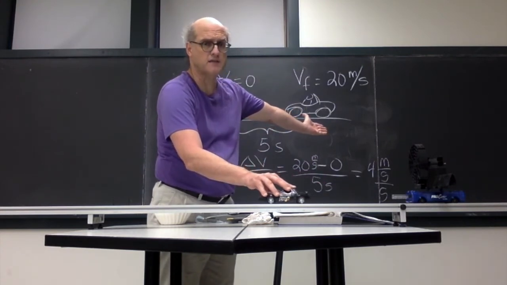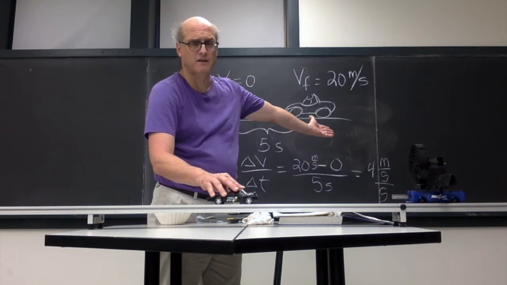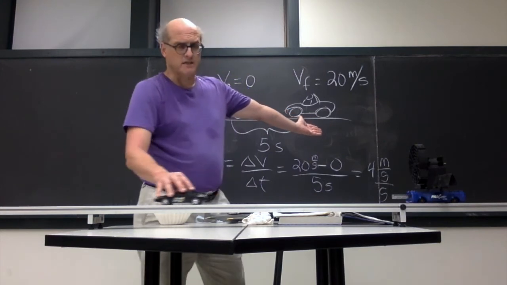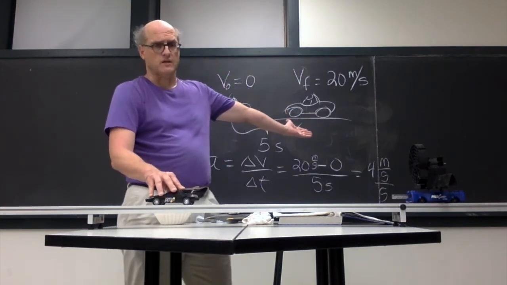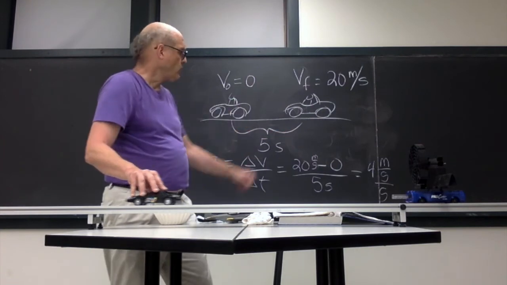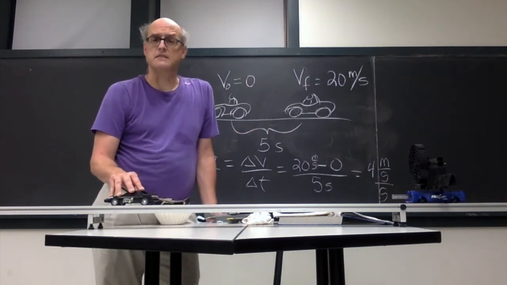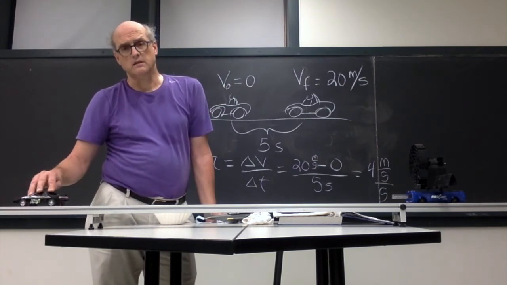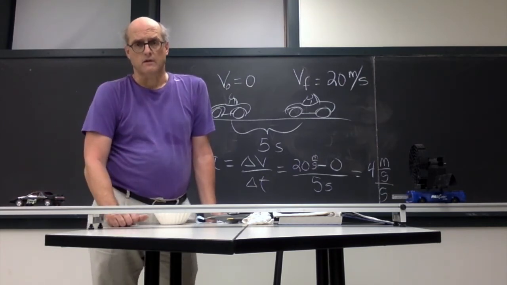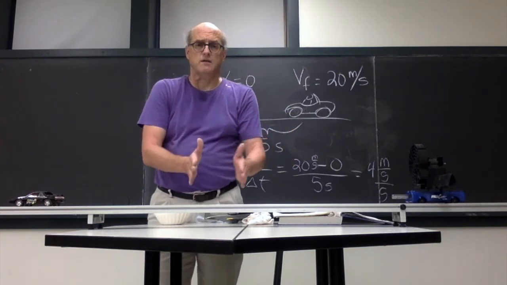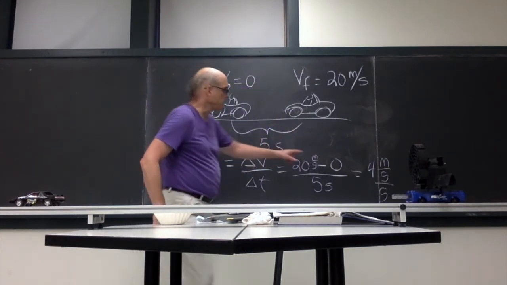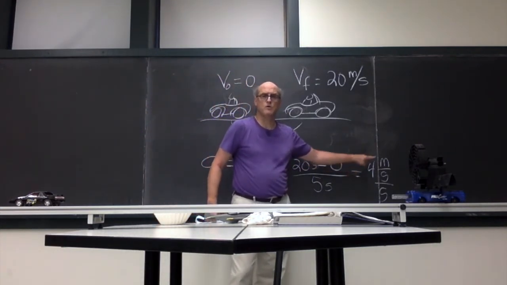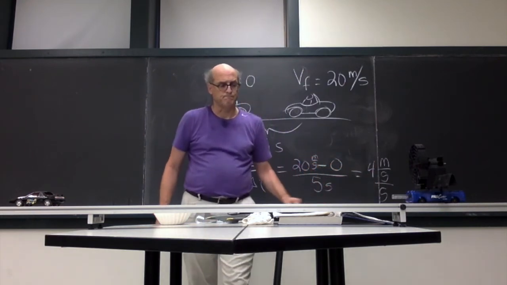After 2 seconds, 8 meters per second. After 3 seconds, 12 meters per second. After 4 seconds, 16 meters per second. And after 5 seconds, 20 meters per second. In other words, for each second of travel, its speed increases by 4 meters per second.